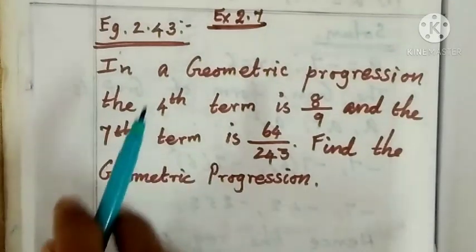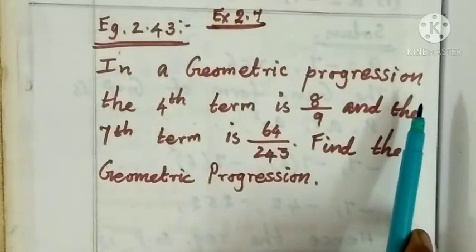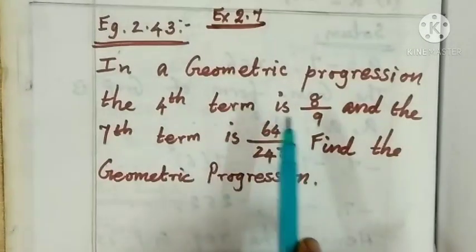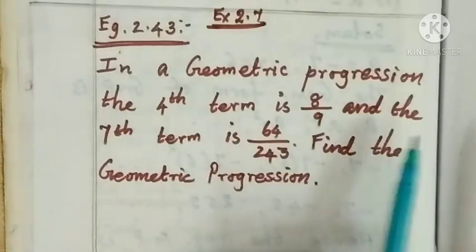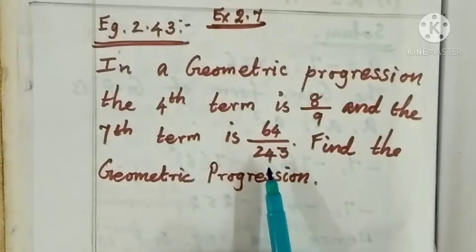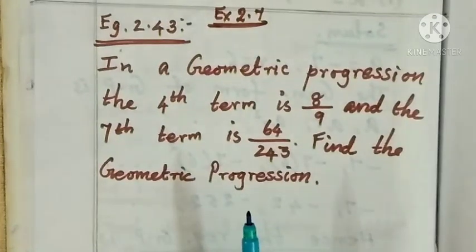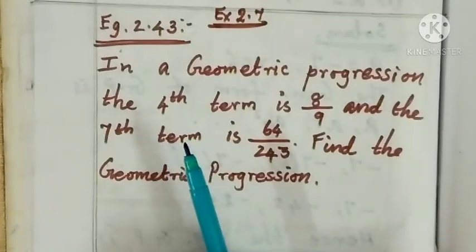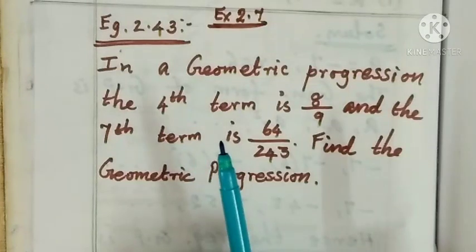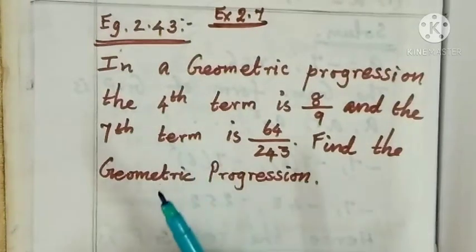Example 2.43. See the question. In a geometric progression, the fourth term is 8 by 9 and the seventh term is 64 by 243. Find the geometric progression. In this question, in a GP, fourth term and seventh term is given.